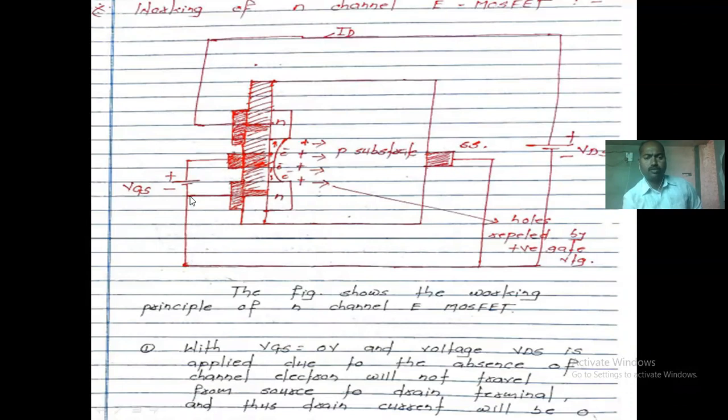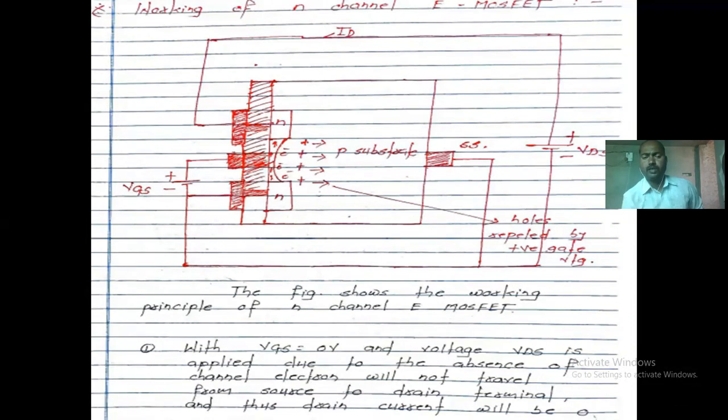These are the two things with respect to your enhancement type of MOSFET. Initially there should be VGS equal to 0, right? VGS equal to 0. So here there is not any channel formed in the device, because the depletion area through the device is more, right?